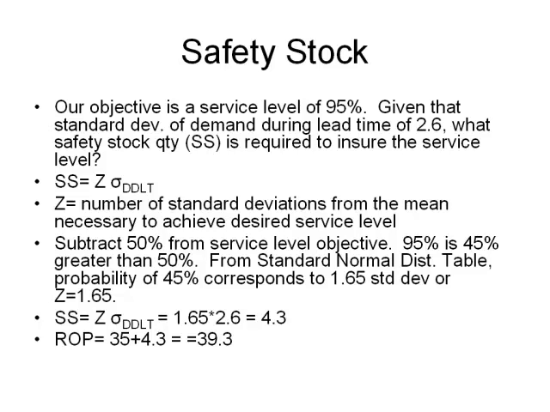Let's say that our company has an objective of a service level of 95%. So that means that during 95% of those order intervals, we don't stock out. Remember, our standard deviation of demand was about 2.6. So given that information, what level of safety stock is required to give us the service level of 95%?